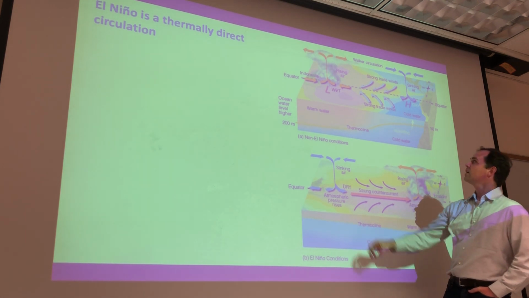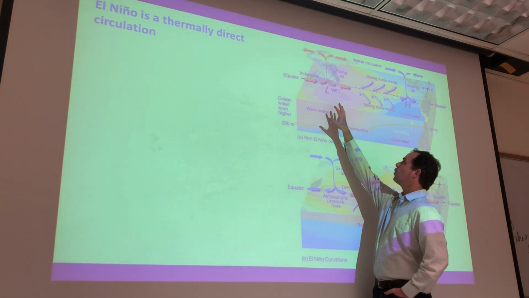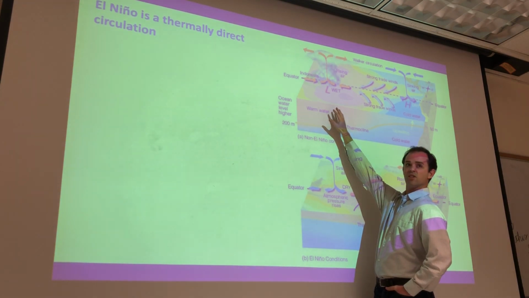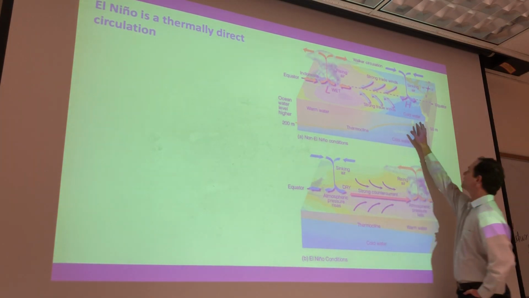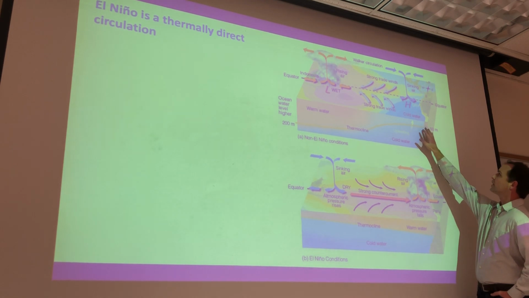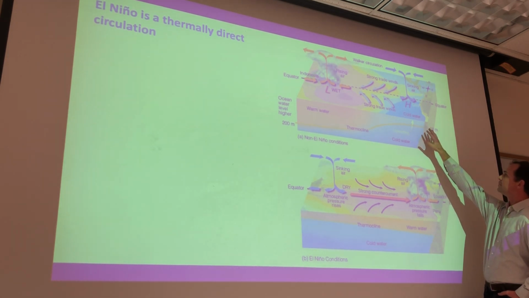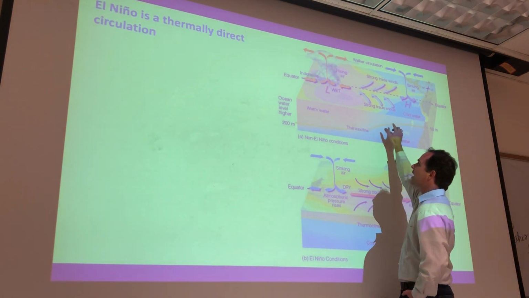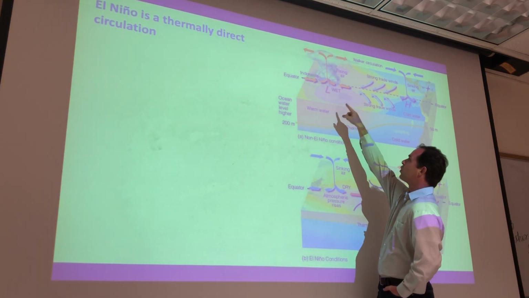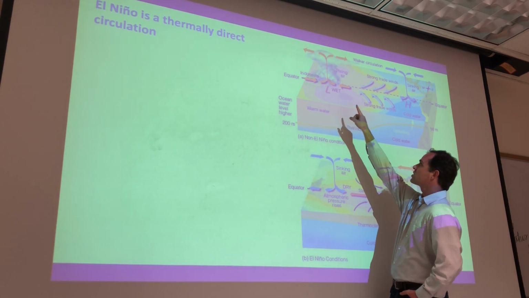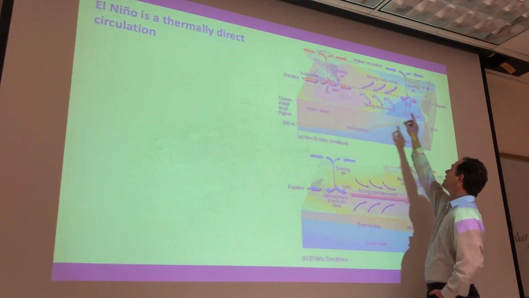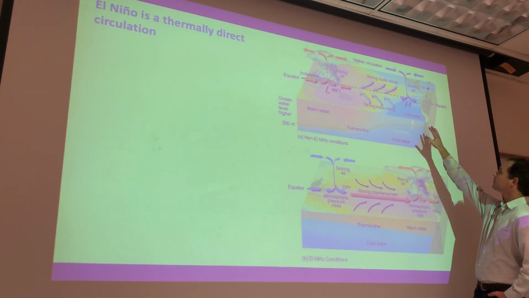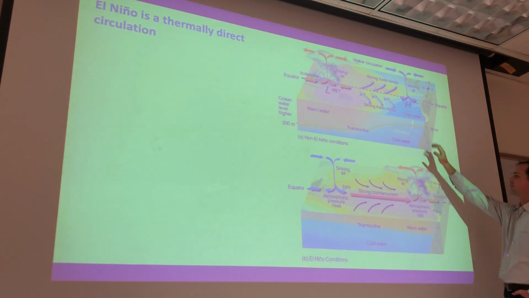Along the equator, we tend to have warmer water and warmer air over Indonesia, the Western Pacific, and relatively colder water and colder air in the Eastern Pacific. As a result, there tends to be more convection and more precipitation over Indonesia, and relatively drier air over the Eastern Pacific.